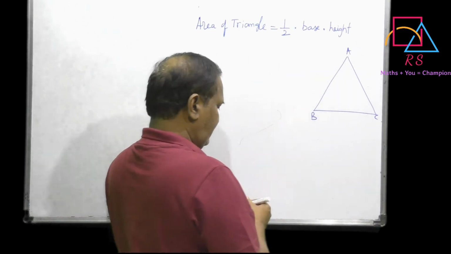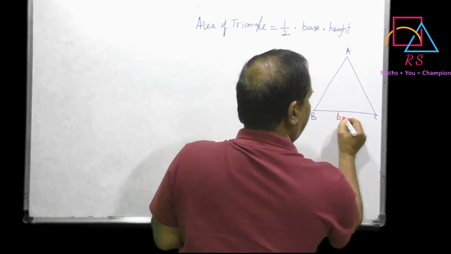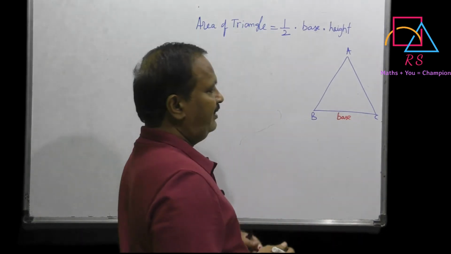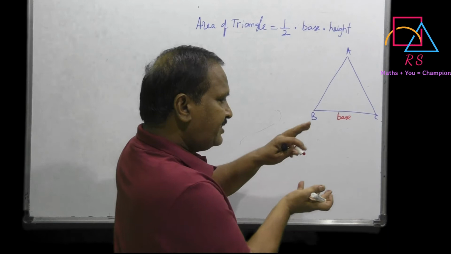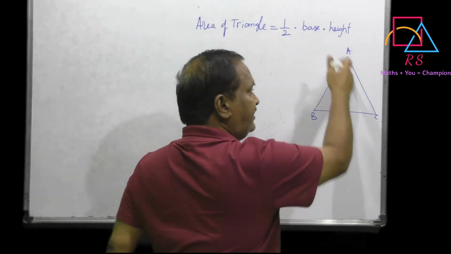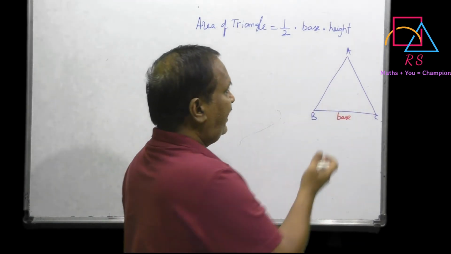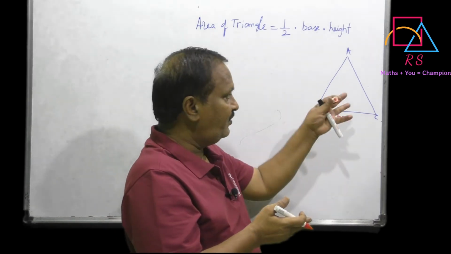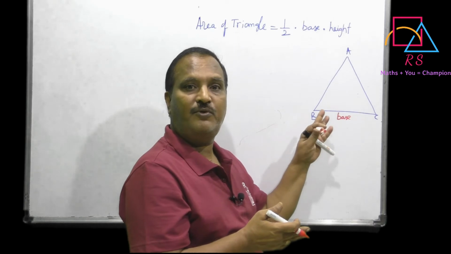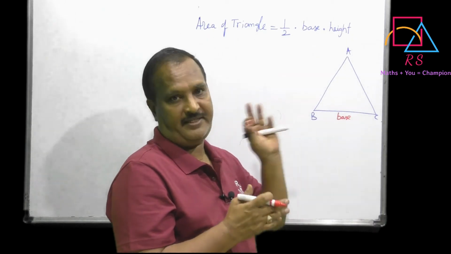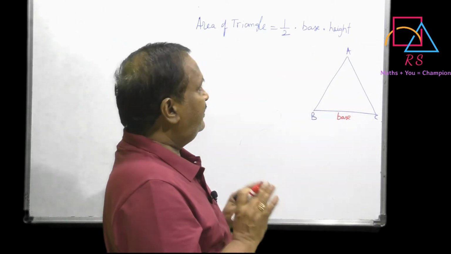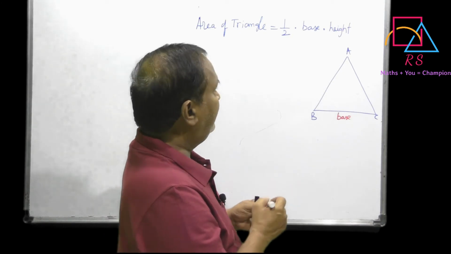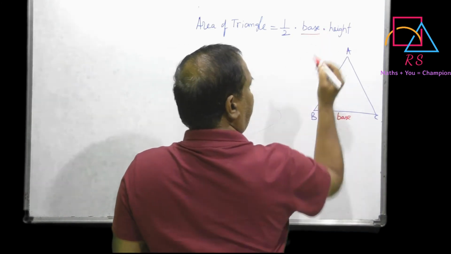In this figure, the base is this one. So by changing the figure, AC also can become a base and AB also can become a base. But in this figure, the whole figure stands on BC, therefore BC is known as the base. Right. Now you have understood base.